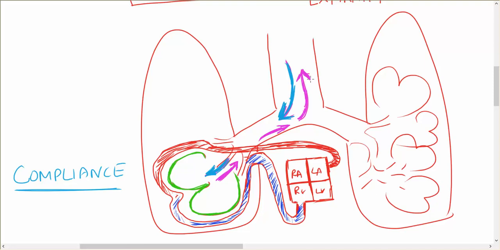After that, because the alveoli have elastin connective tissue, they recoil back. That is called the elastic property. In some diseases that recoiling is affected.